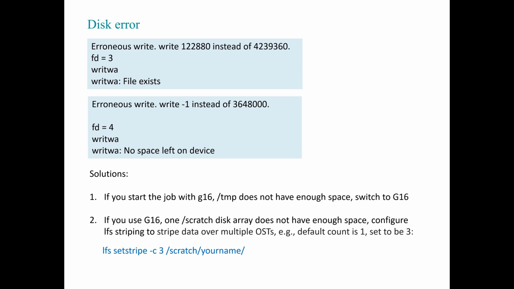You can save your file over multiple OSTs. For example, by default, you set your Gaussian runtime scratch files to 3 different OSTs. That gives you more disk space and can often fix the problem. Okay.